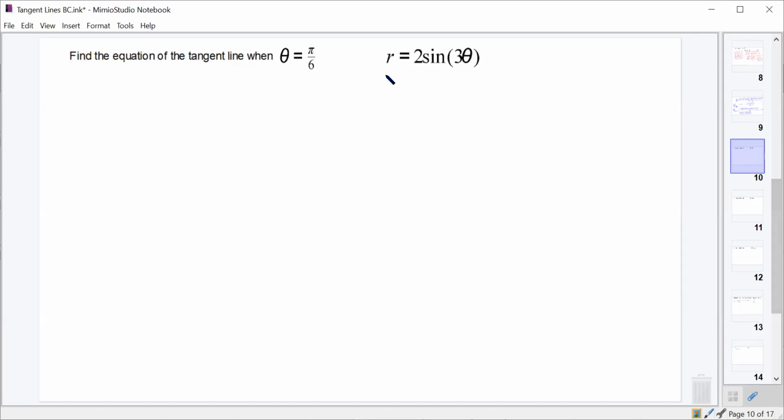And so if we're looking for dy/dx here, we'll need to write out what x is. x is 2 sine 3 theta times cosine theta. And what will y be? y will be 2 sine 3 theta times sine theta.